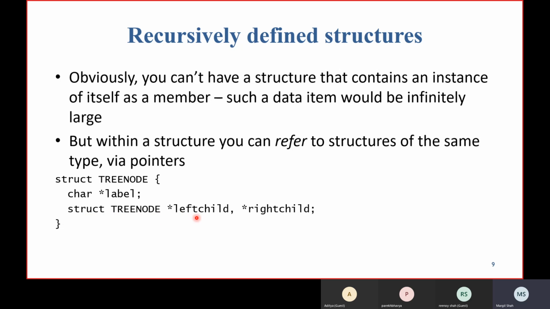This is a member of the structure tree node, itself a member, so we define a recursively defined structure. So tree node has a left child and a right child. Basically, left child and right child are variables of this structure, and itself a member of tree node.